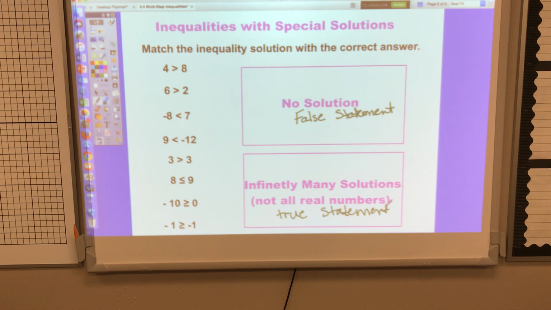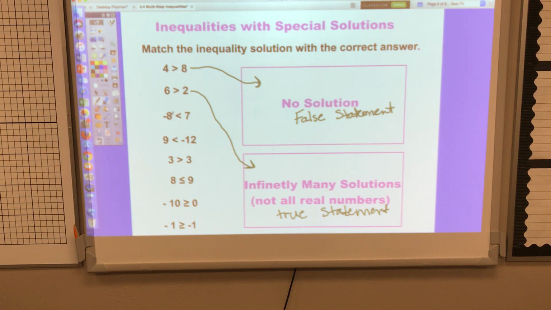Okay, so we're going to go through and draw lines from these. The first one, 4 is greater than 8, which is not true, so that is no solution. If I ended up with 6 is greater than 2, that's a true statement, so that would be infinitely many.